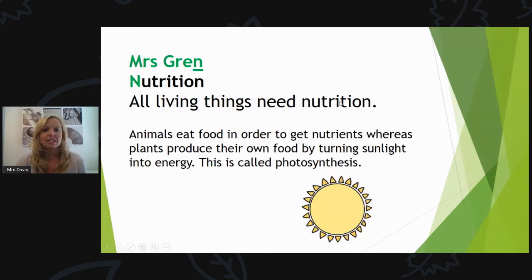Nutrients. All living things need nutrition. Animals eat food in order to get nutrients, whereas plants produce their own food by turning sunlight into energy. And this is a big word here. Let's do it together. It's called photosynthesis. Can you say that with me? Photosynthesis.